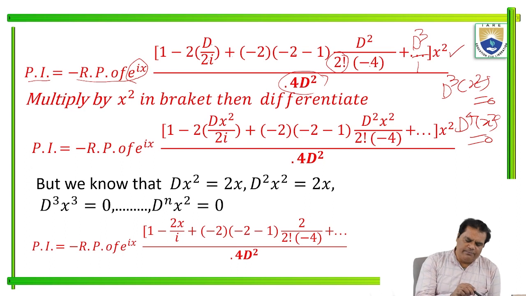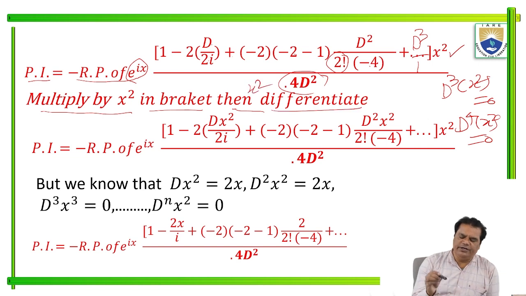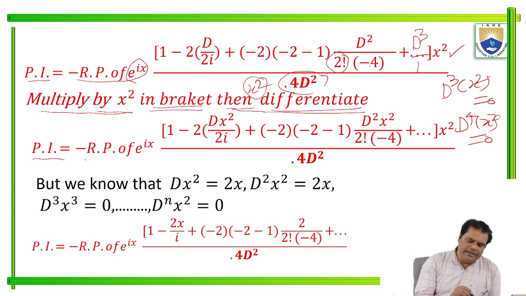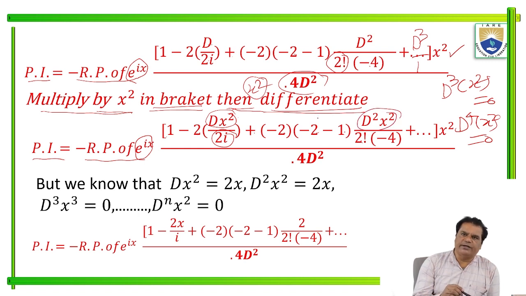So here 4d square, multiplying by x square in bracket, then x square is differentiated. So the particular integral is minus Rp of e to the power ix upon 4d square, 1 minus 2, here d only, d differentiation of x square one time upon 2i, and plus minus 2 minus 1 upon factorial 2, d square x square.